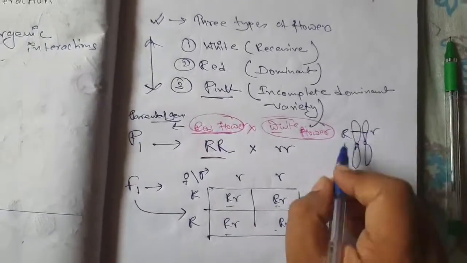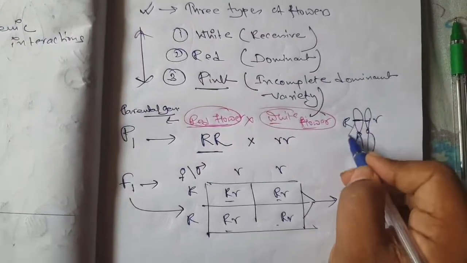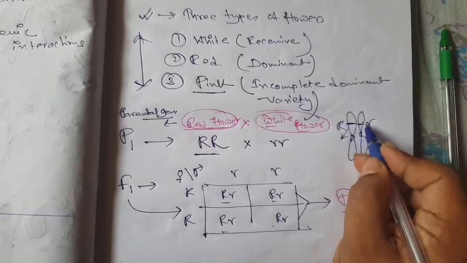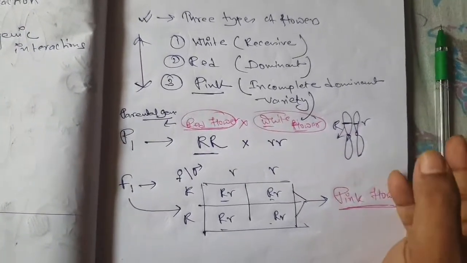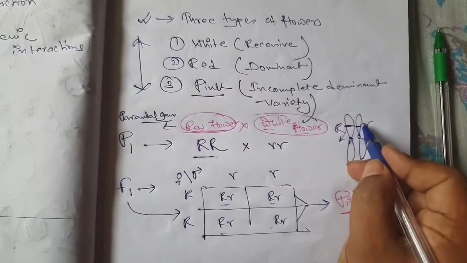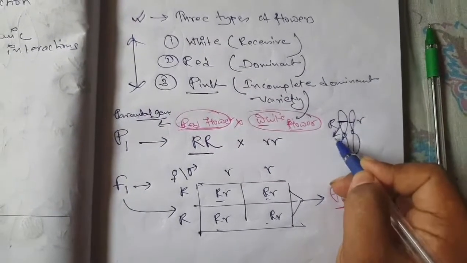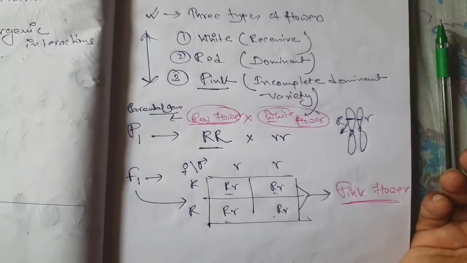According to Mendel, you will expect that R, or the proteins produced from R, will mask the small r, which will remain unexpressed, and this should code for proteins or pigmentation which will give red color to the flower.